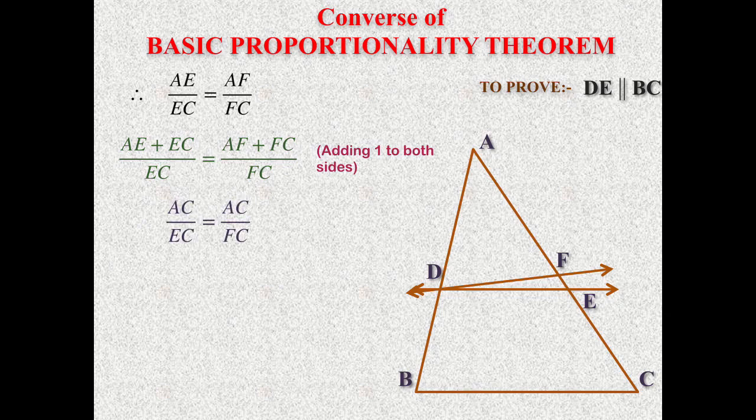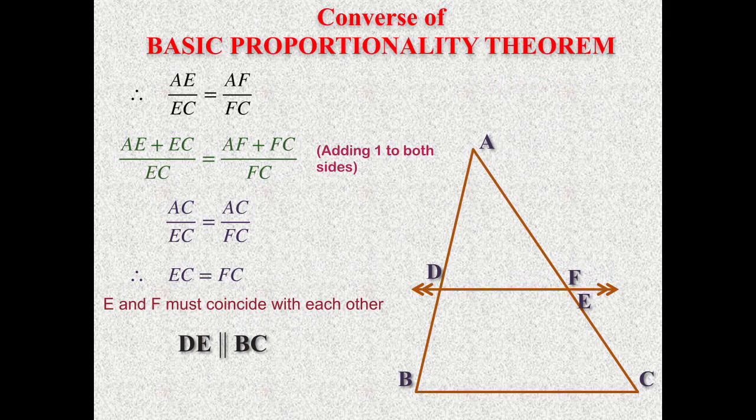So we can say that EC is equal to FC. Now this is possible on the same line only if points E and F coincide with each other, meaning they are the same point. So we can say DF and DE are the same line, and as we constructed DF parallel to BC, we proved that DE is parallel to BC.